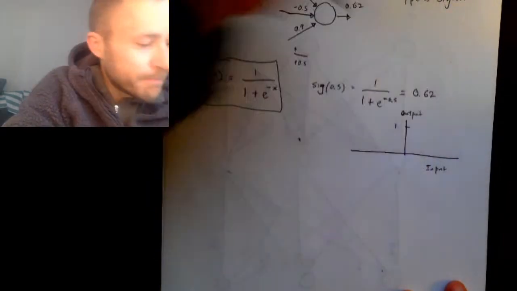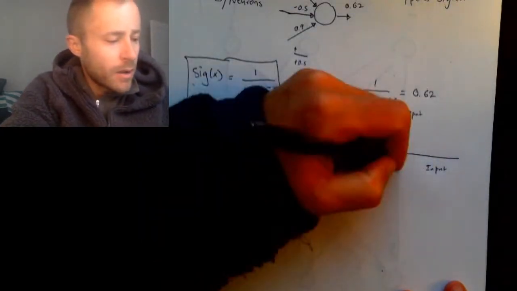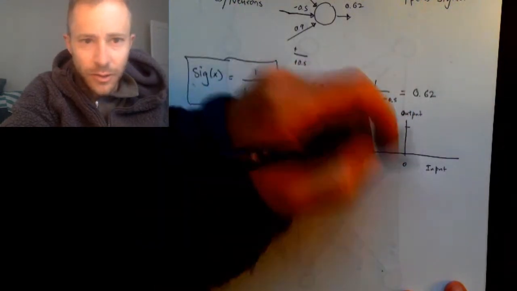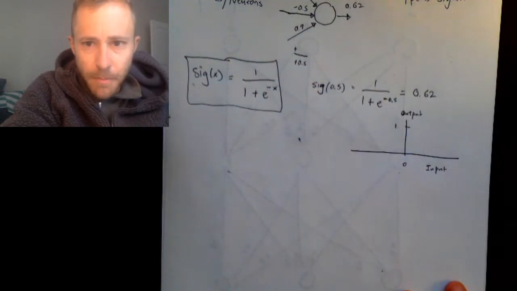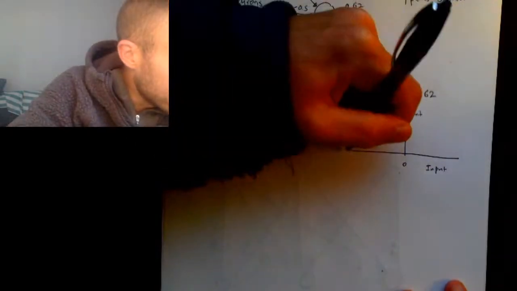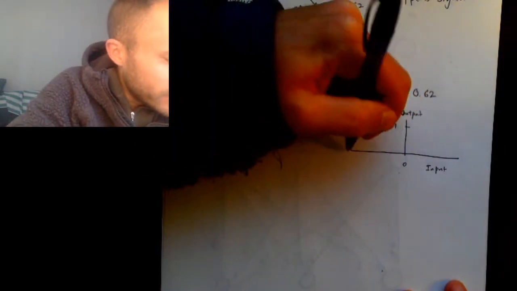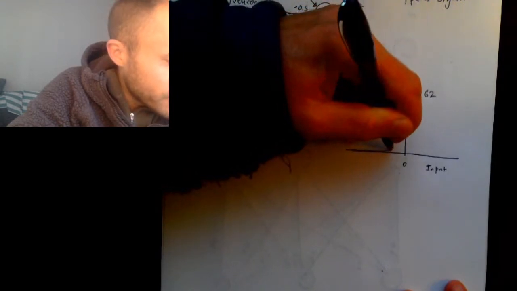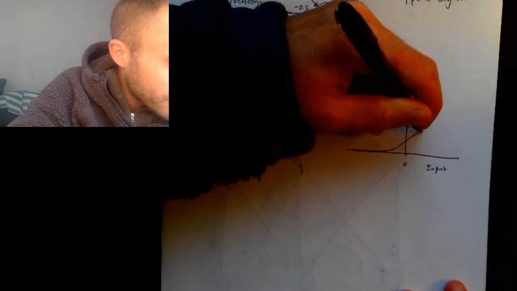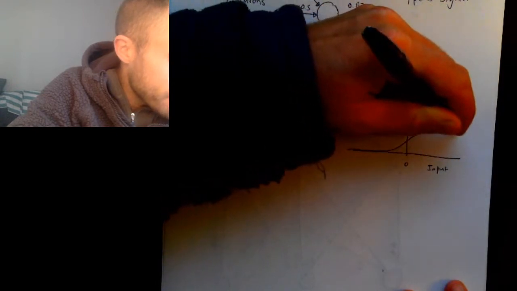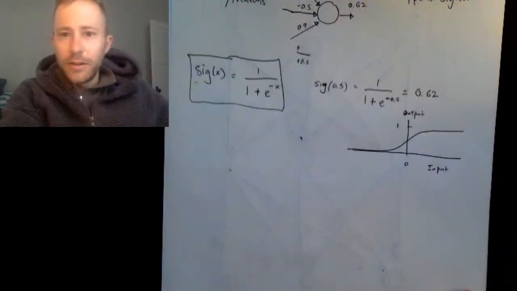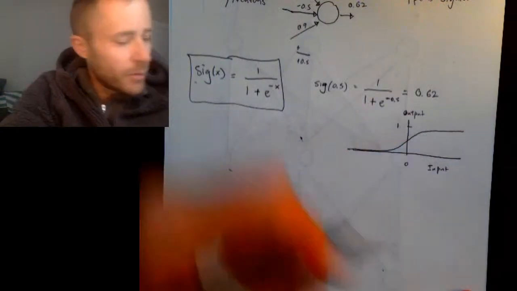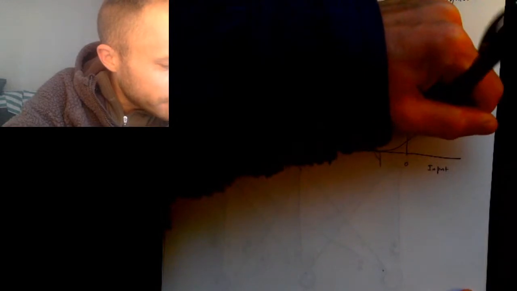Here's 1. This is like the y-axis and the x-axis. If the input is small, the output is small, and if the input is big, the output grows to a maximum of 1.